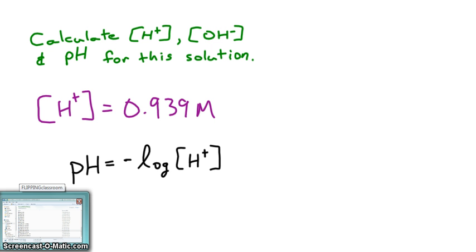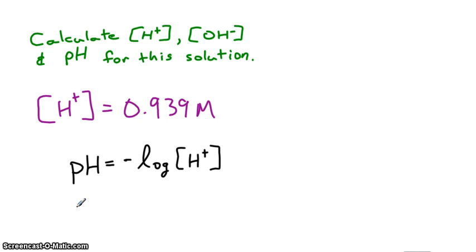We've just calculated the concentration of hydrogen ion, H+. Using the pH equation, pH equals negative log of the concentration of hydrogen, we're going to substitute this number into the equation and calculate the pH.